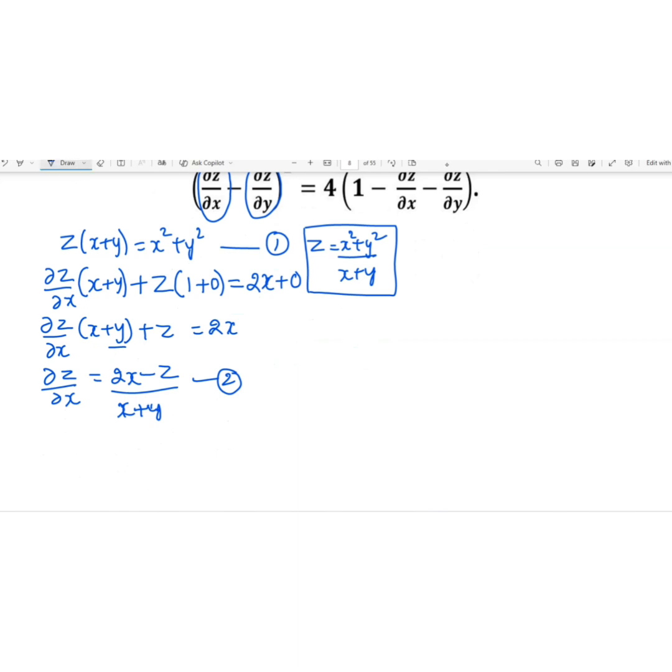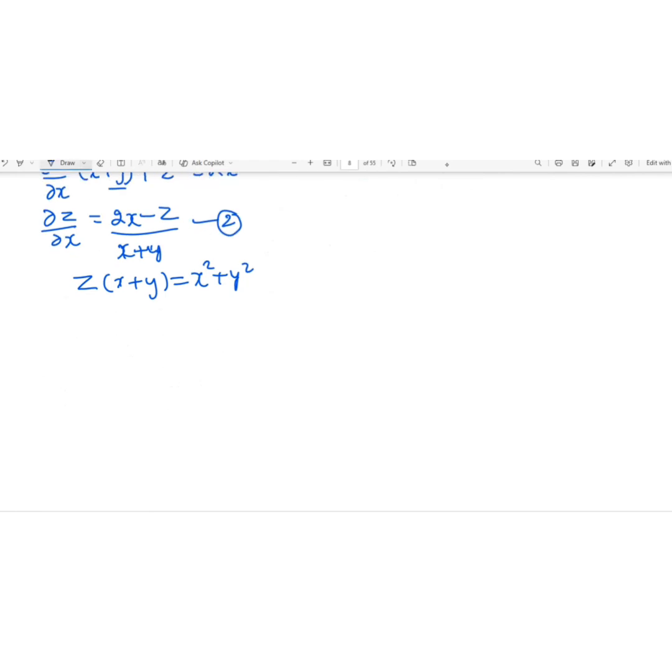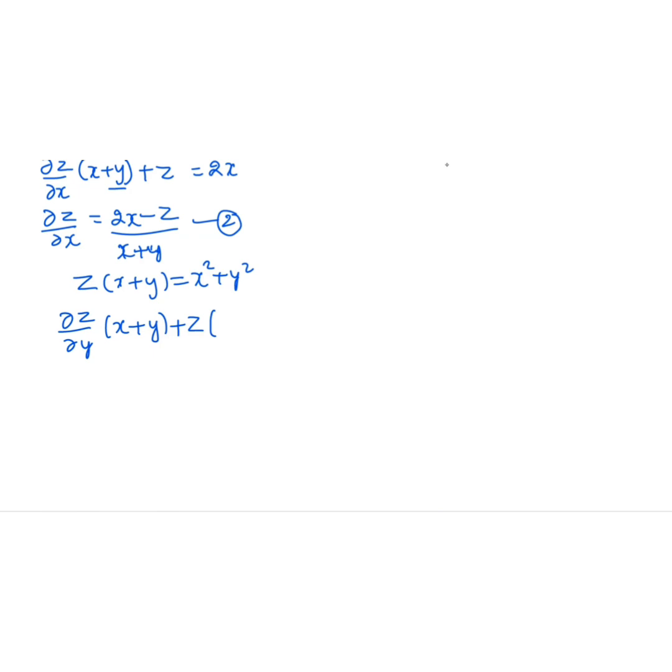Z into x plus y equals x square plus y square. Now differentiate with respect to y, partial differentiation. Dou z by dou y, second term as it is, plus first term as it is, differentiation of second term. That will be x will be 0 and y will be 1.